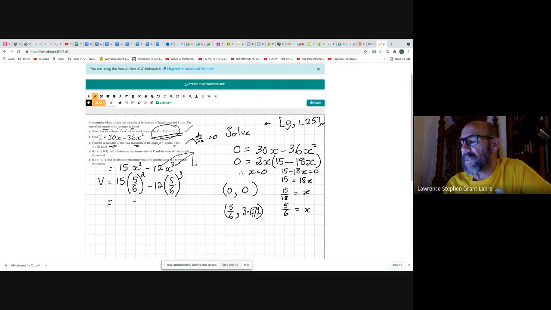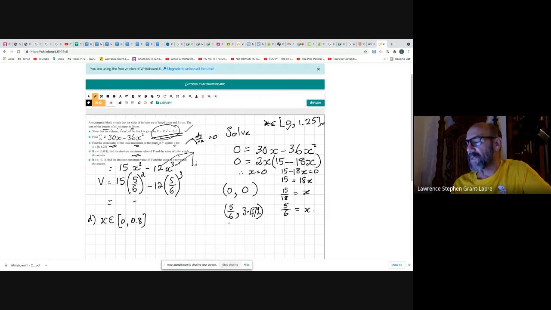Now part B: if x is between 0 and 0.8, find the absolute maximum. I should have said x is an element of the interval between 0 and 0.8.